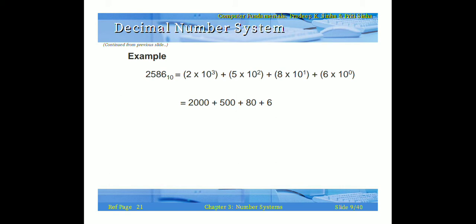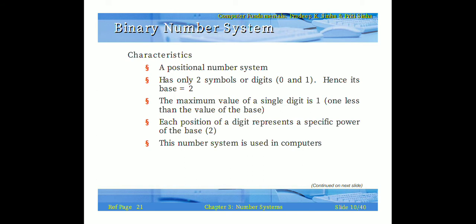The first position is 10 raised to 0, second is 10 raised to 1, then 10 raised to 2, 10 raised to 3. 10 raised to 0 is 1, so 1 into 6 is 6, and 10 raised to 1 is 10, 10 into 8 is 80, and 10 raised to 2 is 100, 100 into 5 is 500, 10 raised to 3 is 1000, 1000 into 2 is 2000, so 2586. You can see the descriptive manner with the position values.